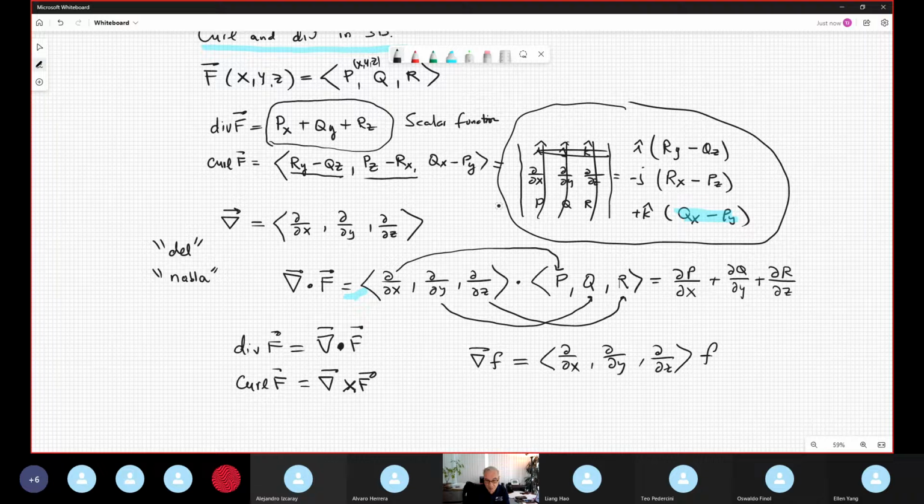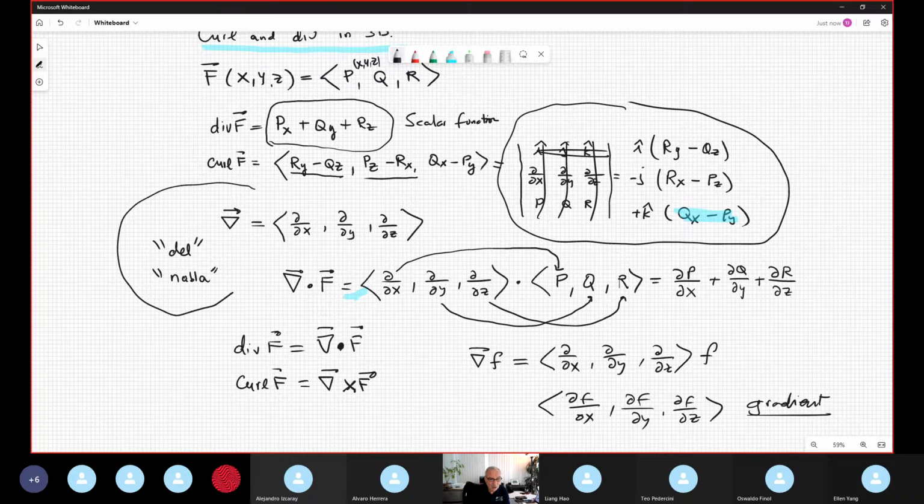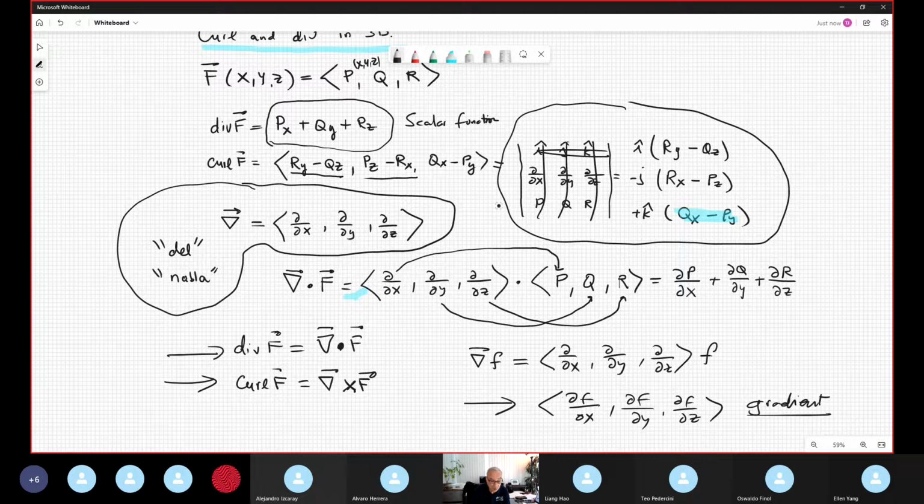So it's a vector: partial f with respect to x, comma, partial f with respect to y, comma, partial f with respect to z. And this is the definition of the gradient. Wow, fantastic. We summarize using del or nabla notation the most important operators in vector fields: divergence, curl, and gradient. Gradient is just multiplication, divergence is a dot product, and curl is a cross product.